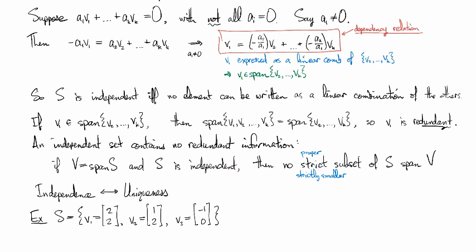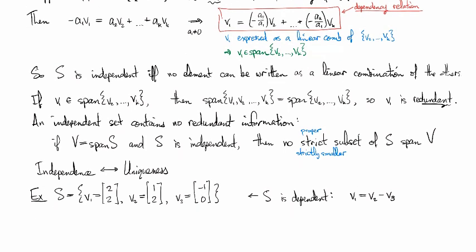Now this set is a dependent set. My justification for saying that is that v1 can be written as v2 minus v3.